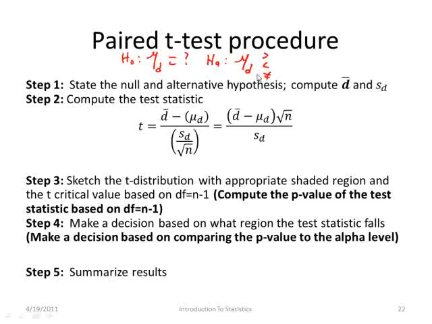So when we're using a paired t-test procedure, we are going to state the hypotheses in terms of mu sub d.